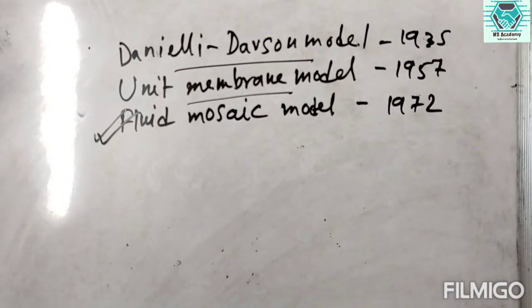Other scientists also proposed other models, but among all these models, the fluid mosaic model is much more established, and the cell membrane is basically made up of lipid bilayer, and we can say it is a lipid ocean where the proteins act as icebergs.